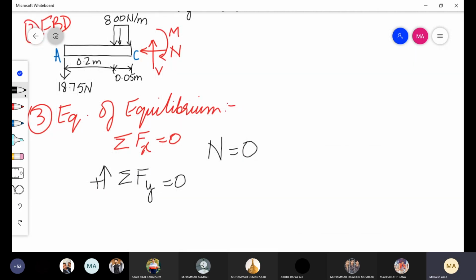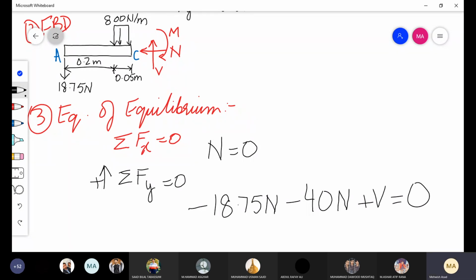Now we have reactive force downward, so minus 18.75 Newton, minus 800 multiplied with 0.05, which is 40 Newton, and an assumed upward shear force.